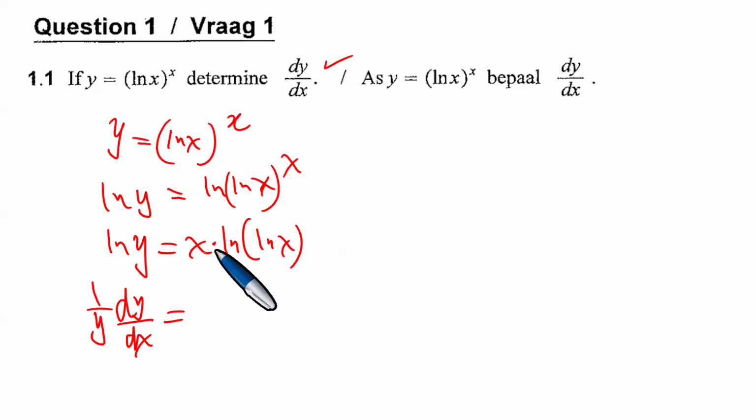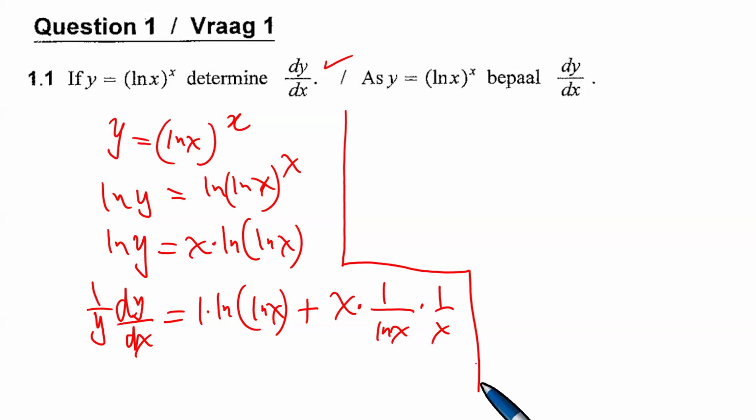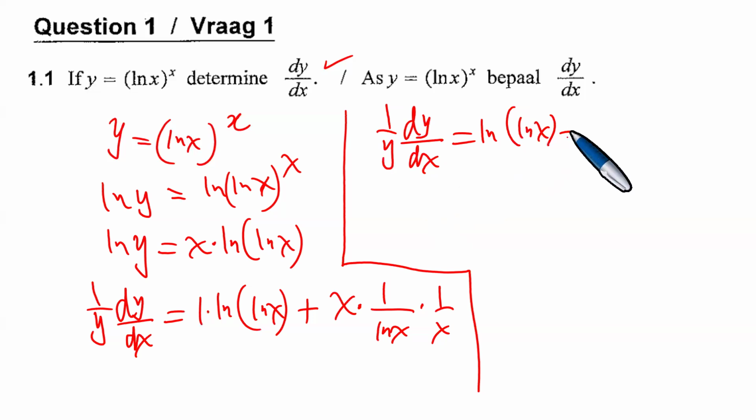The derivative of x is 1 times ln of ln x, plus x times the derivative of the ln, which is 1 over ln x times 1 over x. So we have 1 over y dy/dx equals ln of ln x plus, the x cancels, giving us 1 over ln x.